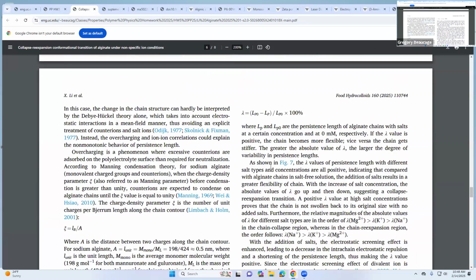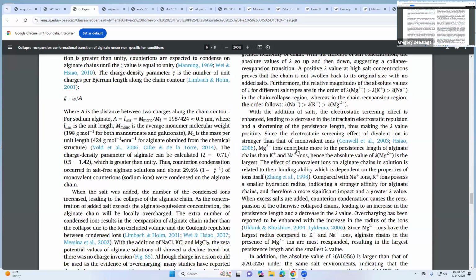That's 0 salt concentration, so it's just the polyanion alone. That's the longest persistence it'll have. And then the screening happens, the persistence gets smaller. So LP0 minus LP always has to be positive. So this always has to be a positive number.